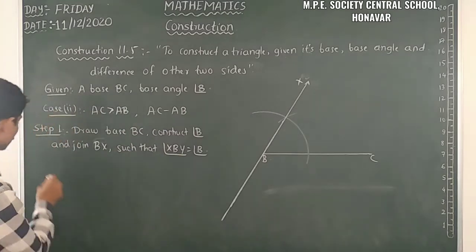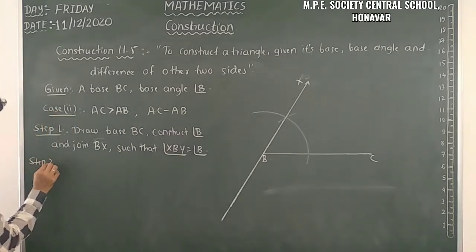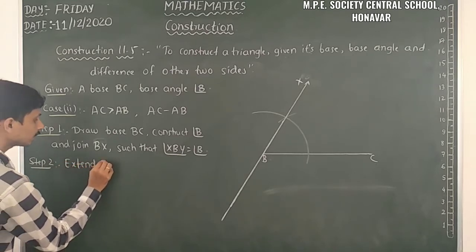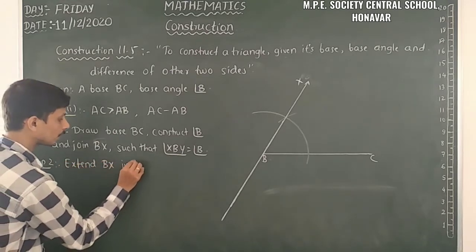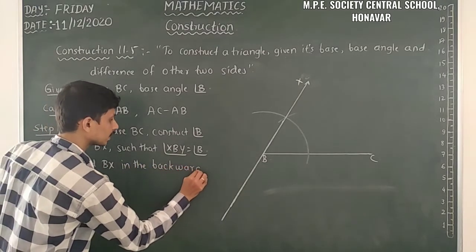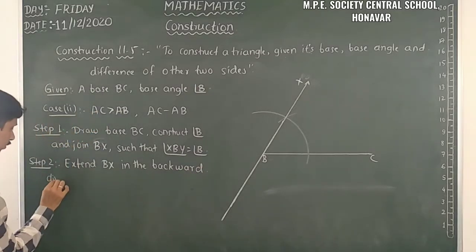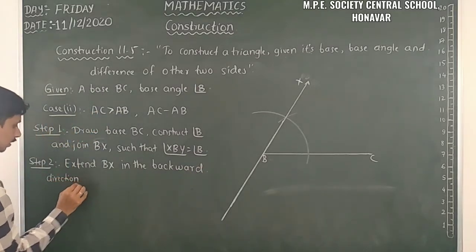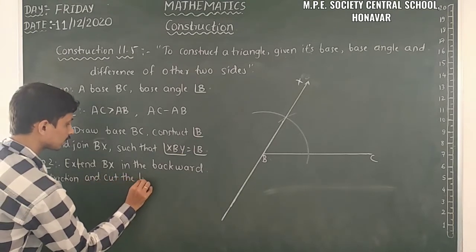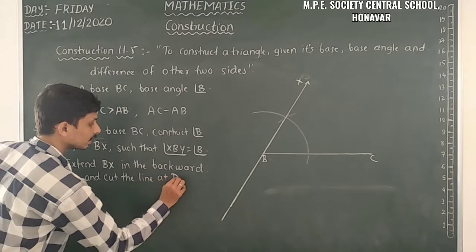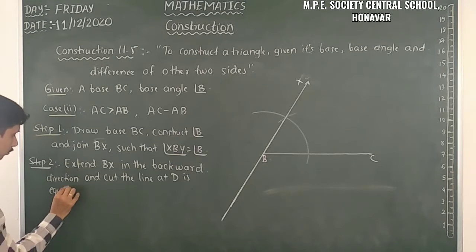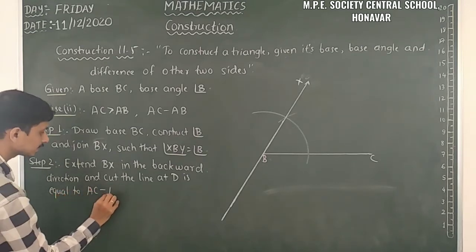So step 2: extend BX in the backward direction and cut the line at D, where BD is equal to AC minus AB.